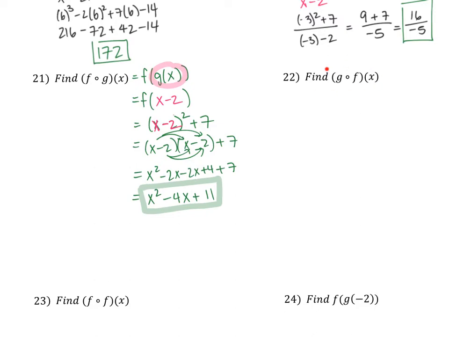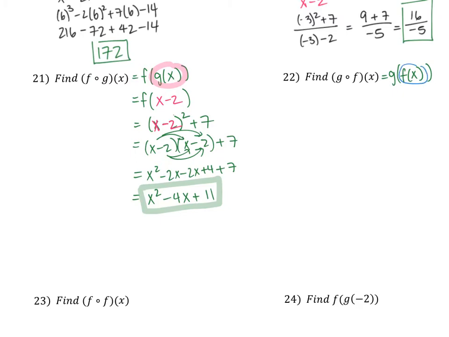Okay, let's try a g of f. So same thing, you're going to start by rewriting this. So g, plug in f, because g is the outer, or the first letter here. So that means that g is the outer layer and f is inside. So this time you're going to replace f with what it really is.